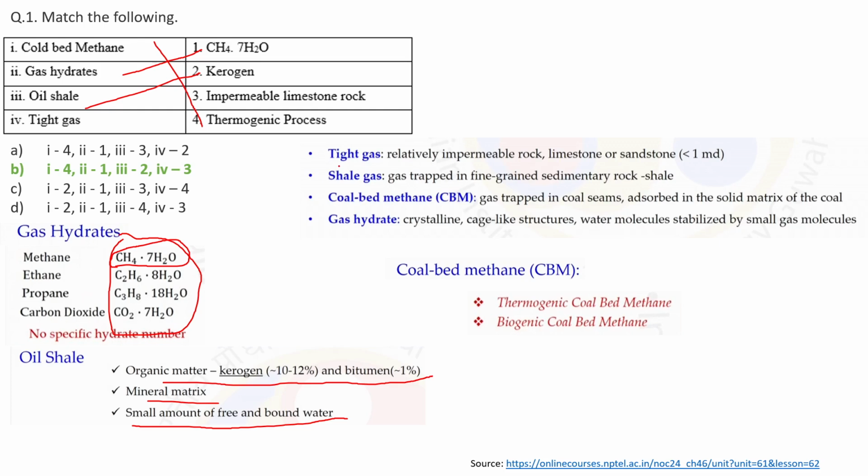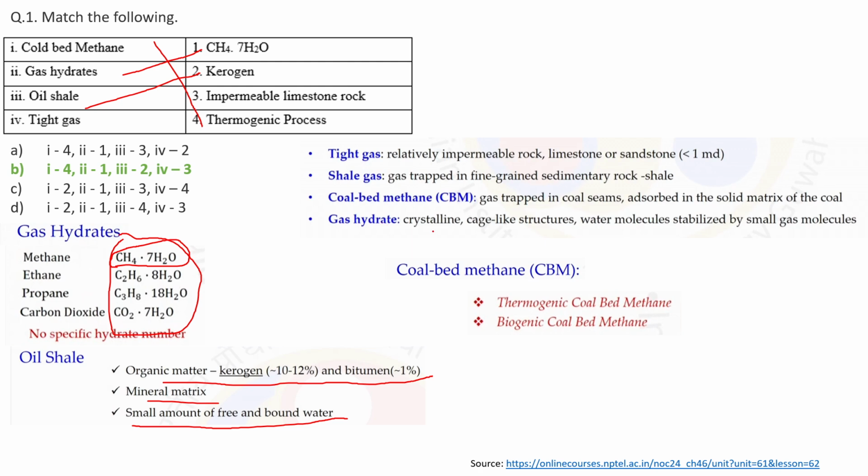And finally, tight gas. As you can see here, there are different definitions of what type of rocks these gases are found in. Tight gas is found in relatively impermeable rock, limestone or sandstone, with permeability less than 1 md. Shale gas is gas trapped in fine grained sedimentary rock shale. Coal bed methane is gas trapped in coal seams, adsorbed in the solid matrix of the coal.